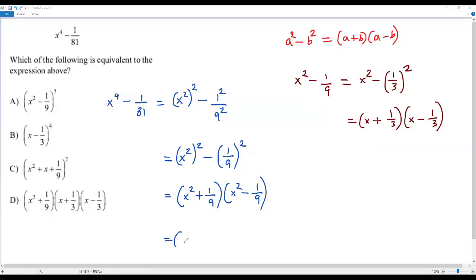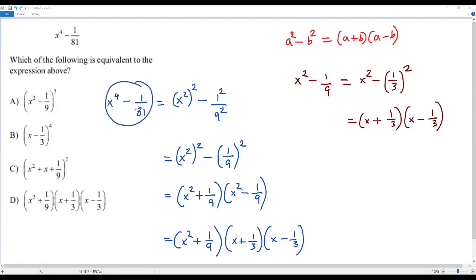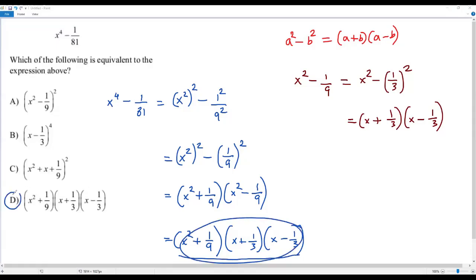Then I'm getting x square positive 1 over 9 times x positive 1 over 3 times x negative 1 over 3. Now I got the expression that is equivalent to x to the fourth power negative 1 over 81. That is equal to the product of three binomials. We find this exactly in answer choice D. The correct answer choice for this question is D.